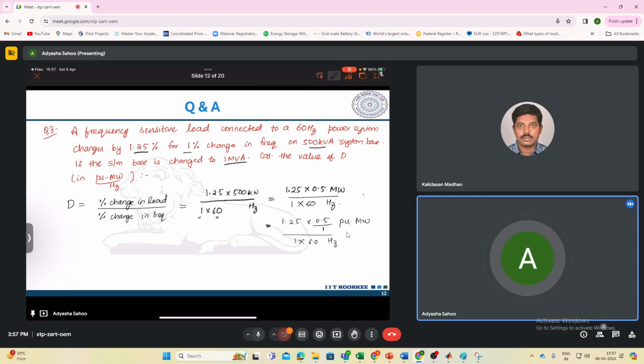That will give you 0.01042 per unit megawatt per hertz. This is your answer.